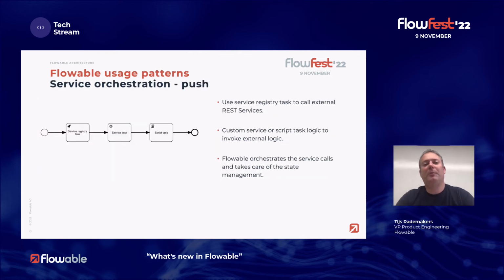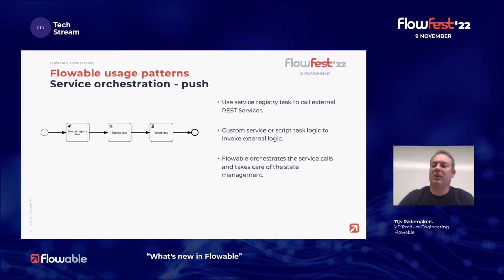If we go a bit more to the service orchestration level, then a very common pattern that we see today is that we push. So we call out to other external services from our processes. So the service registry task is a very good example of that, to call out to another REST service.